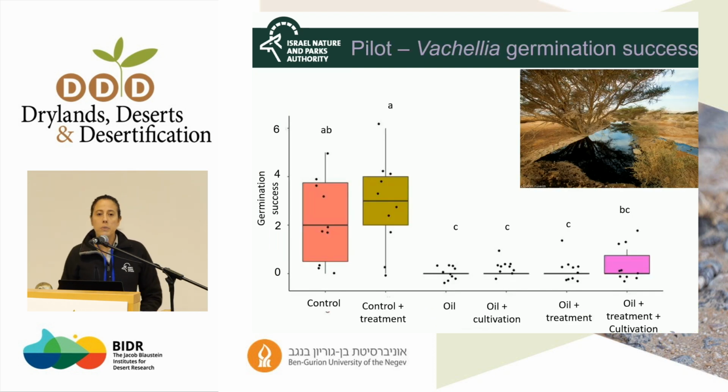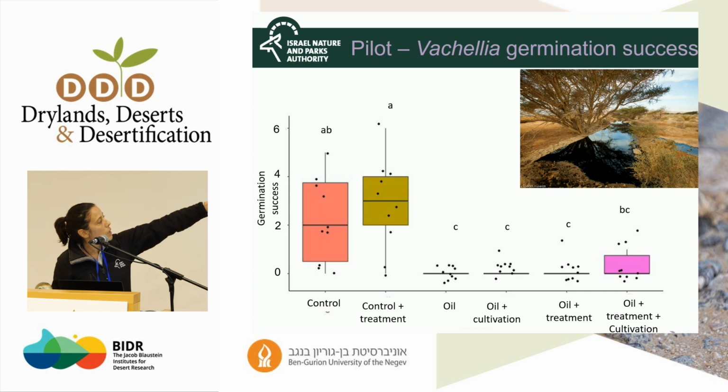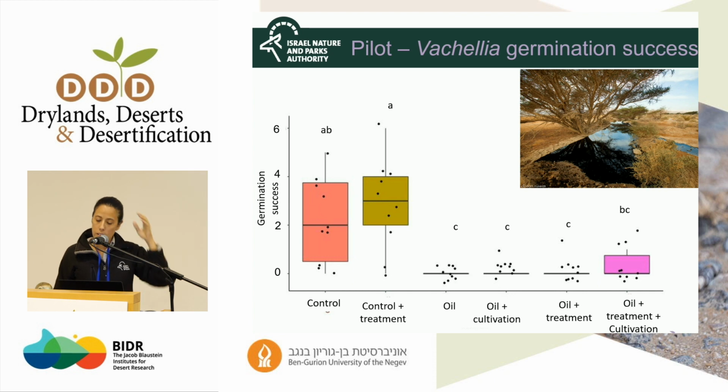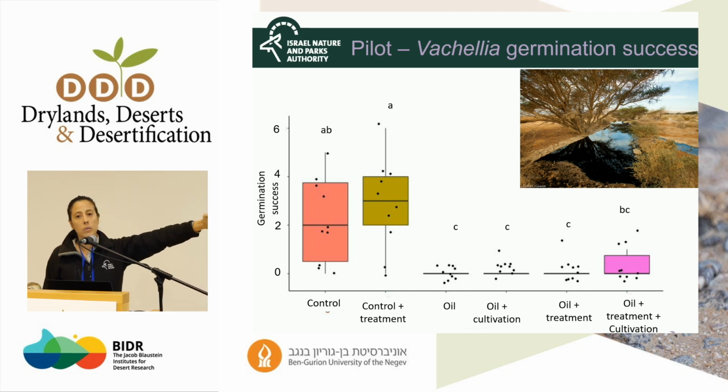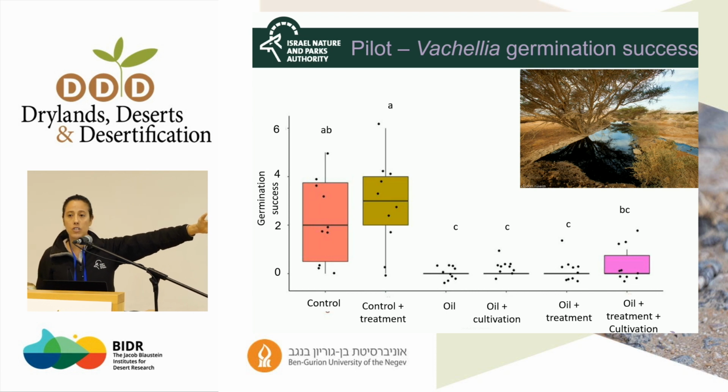We also did some germination tests. This is my result, but we've done it as well in the gene bank. We had 2 control samples: soil from other parts of the reserve, and clean soil that was treated with the different materials. And we had the oil that underwent treatment and cultivation.